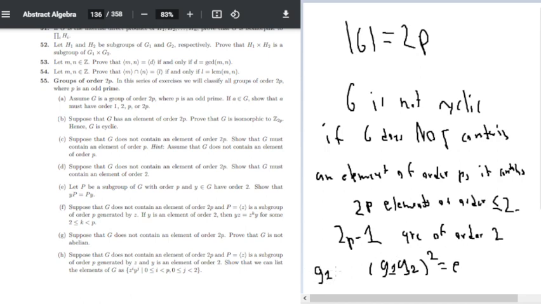But this is g1 g2 g1 g2 equal to e, which implies that g2 g1 is equal to g1 g2. So we have an abelian group.